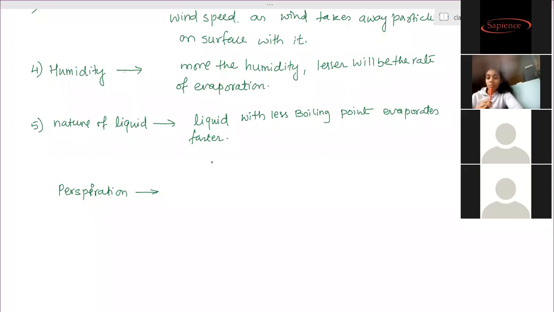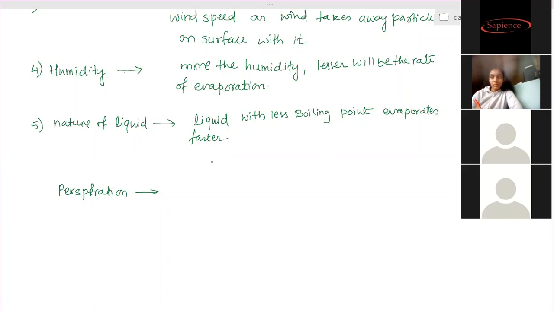When we sweat, the sweat has water which comes on the surface of the skin. When exposed to air, it tries evaporating. So it needs energy. It will take energy from the remaining liquid parts present in our body. So the particles surrounding the sweat lose latent heat of vaporization, which is absorbed by the sweat, and the sweat evaporates.